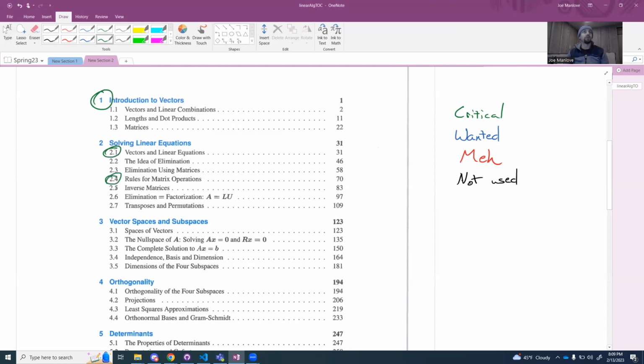I've gotta have rules. I've gotta have inverse matrices. I've gotta have transposes and permutations. Everything else in here, I kind of want elimination using matrices. I definitely want this factorization. I could kind of take or leave this thing about the idea of elimination. That's okay.